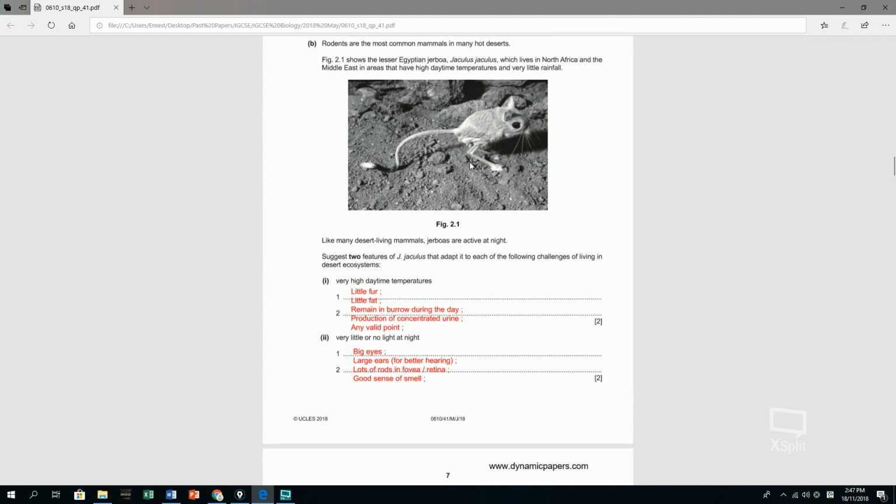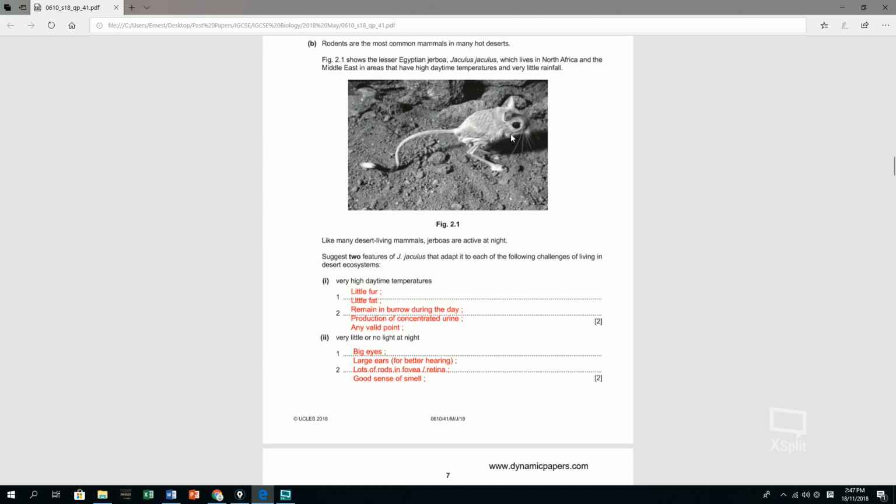They're adapted to high temperatures just from the photo because you can see that they have very little fur, and they're also quite lean with little fat. That would reduce insulation, allowing the body to cool down faster, along with the fact that they are nocturnal, so they avoid most of the heat in the afternoon by remaining in their burrows.